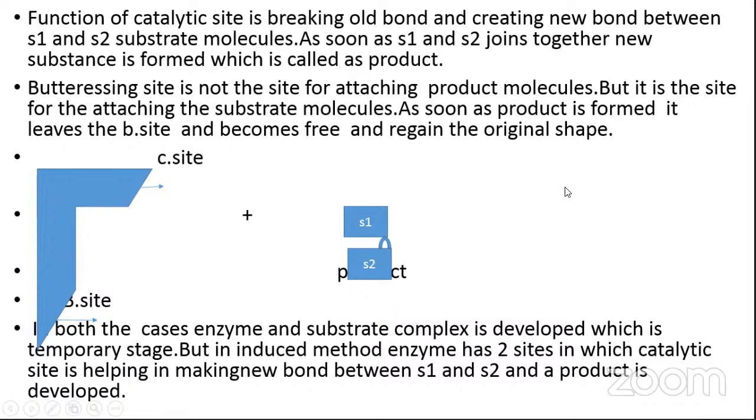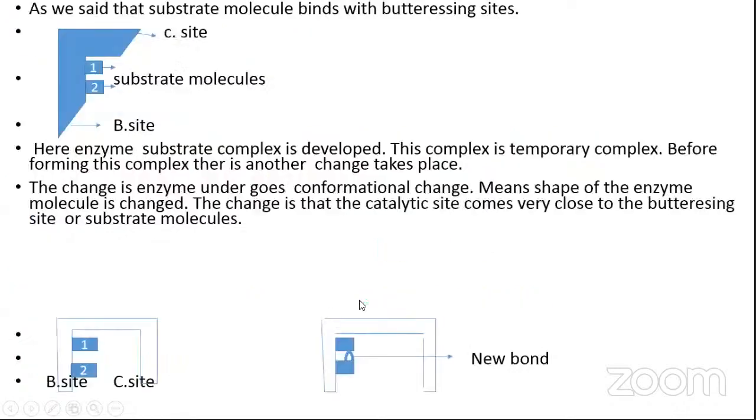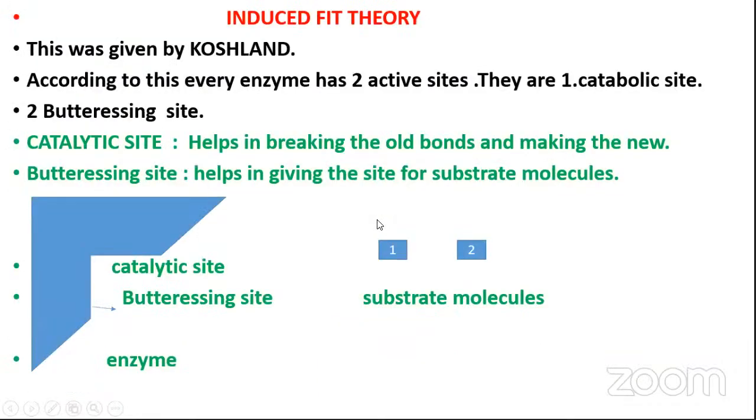Initially, how it was, it is like this. See, after undergoing reactions and after giving the products, this enzyme is coming out easily, without undergoing any change. It is regaining its original shape, and the end product is coming out. Initially, product molecules are separate. Look at the diagram.